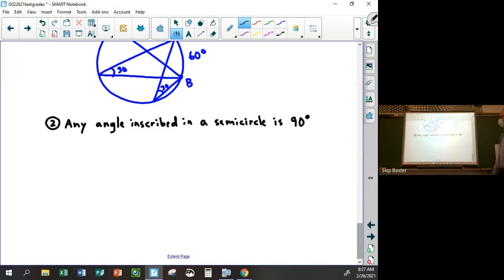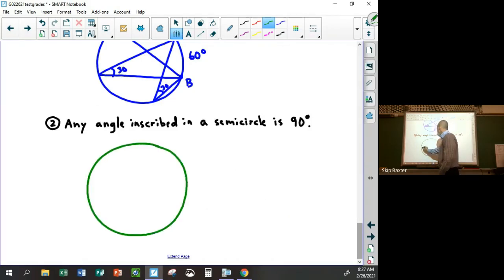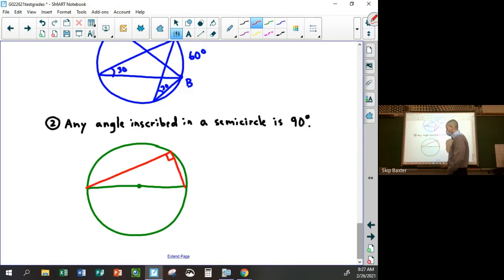Any angle inscribed in a semicircle is 90 degrees. So basically what that says is if I have a circle and then cut it in half, so draw in a diameter, and I draw any inscribed angle connecting this point and this point, like that angle, for example, that's a right angle. Makes sense because its intercepted arc is this.